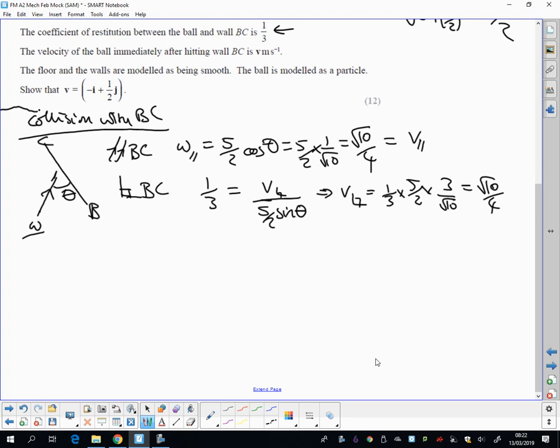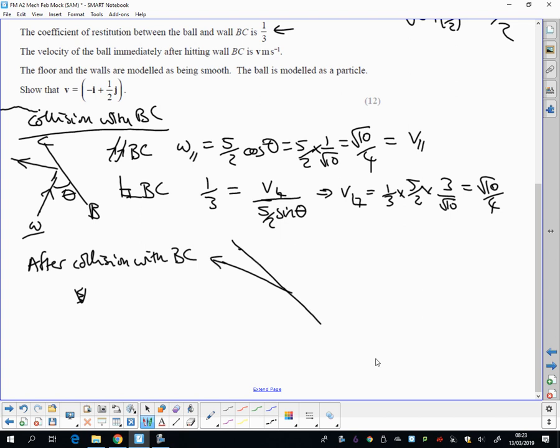Right, so now we've got that our ball comes away from the wall. After the collision with BC, we're moving away from the wall.